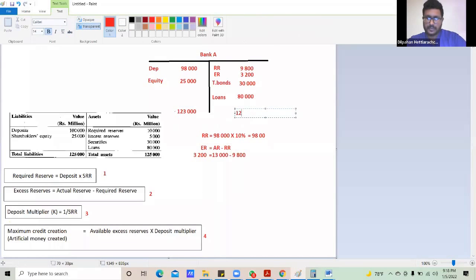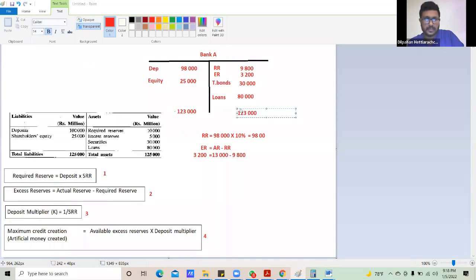And the other side also, it will be 123,000. Are we clear how we got these answers? It's still actual reserve 10 plus 5. And then Ching Chong Chang withdrew 2,000. Then it reduced to 13,000. Yes. And this 13,000 of total reserves is now split into two, required 9,800 and 3,200 excess.